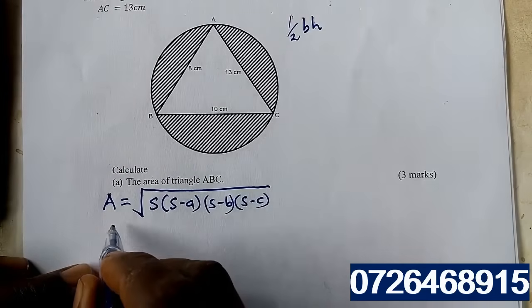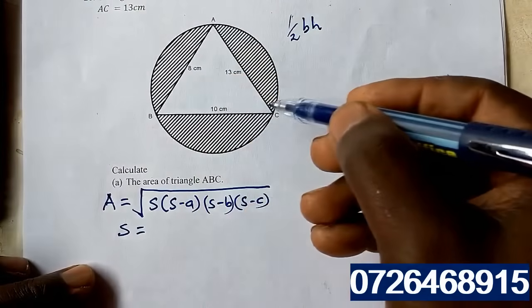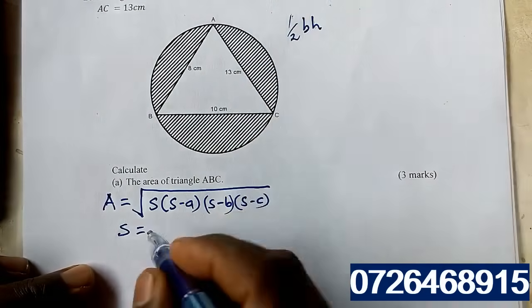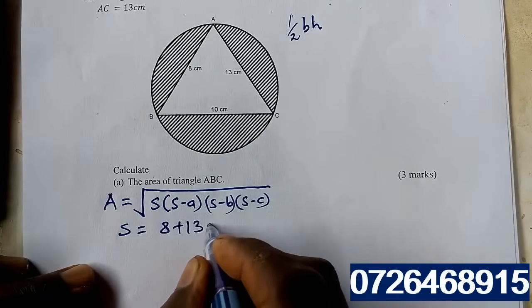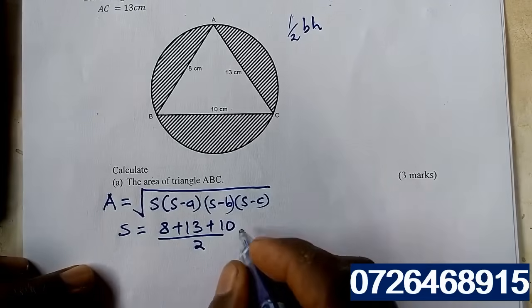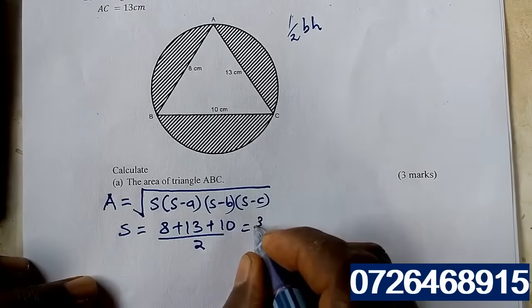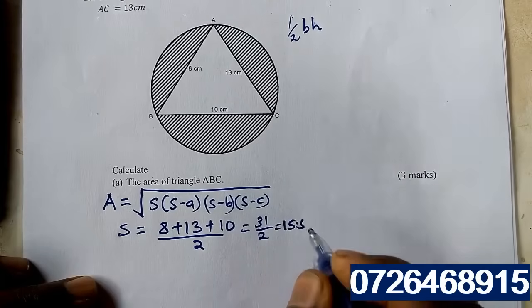So s equals half the perimeter of the triangle. That is 8 plus 13 plus 10, and then divide by 2. That gives you 31 divided by 2, and that is 15.5. So our s is 15.5.